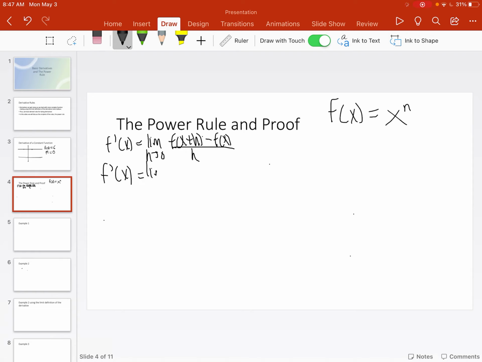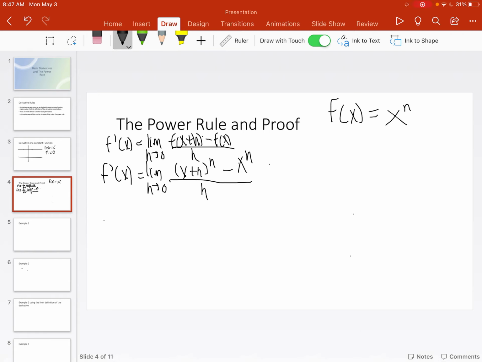We get f prime of x is equal to the limit as h approaches 0, and we've got this f of x plus h. What this turns out to be is x plus h to the n. And f of x itself is just x to the n, all over h.